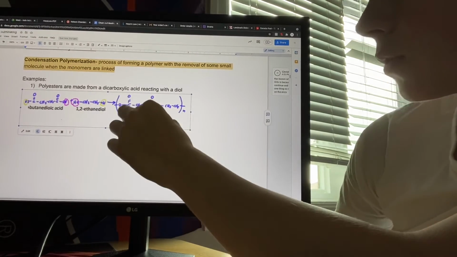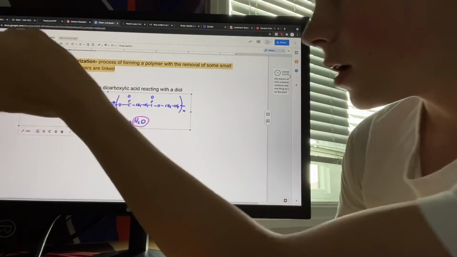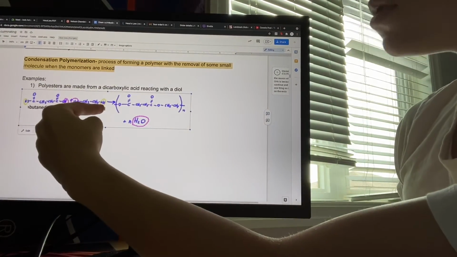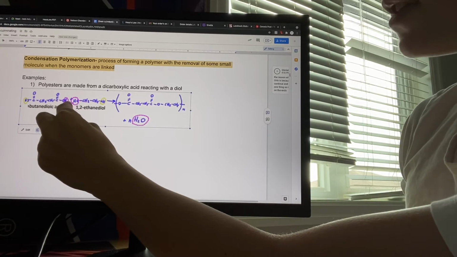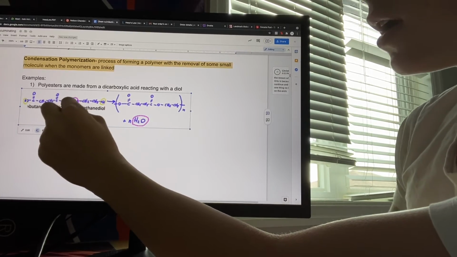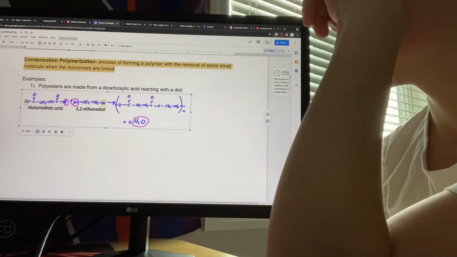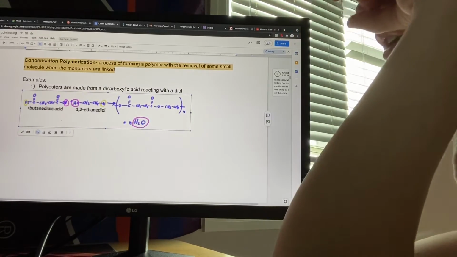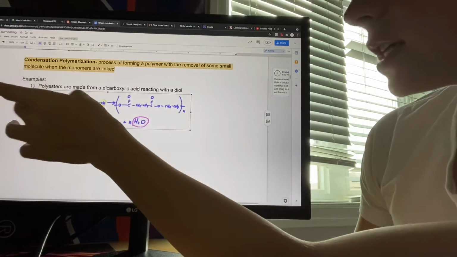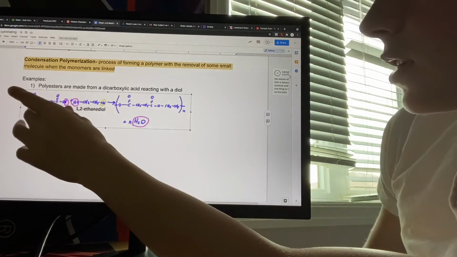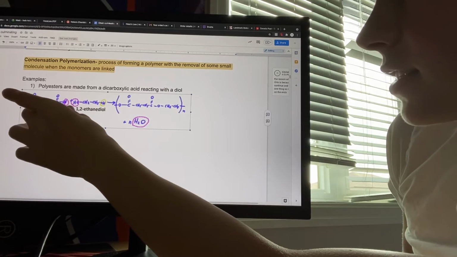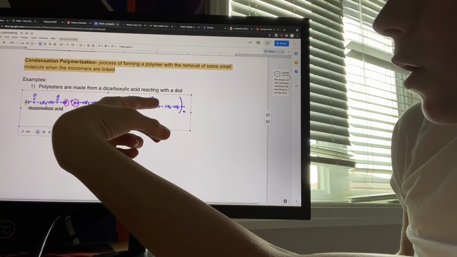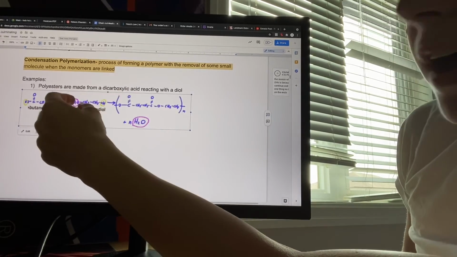So what you have to do is take off an H and an OH, and then between this you have to take off an H and an HO, so they can actually repeat and also link together. You need to have the O there so it can bond, because the O can only bond to two things, so you can't have these together.